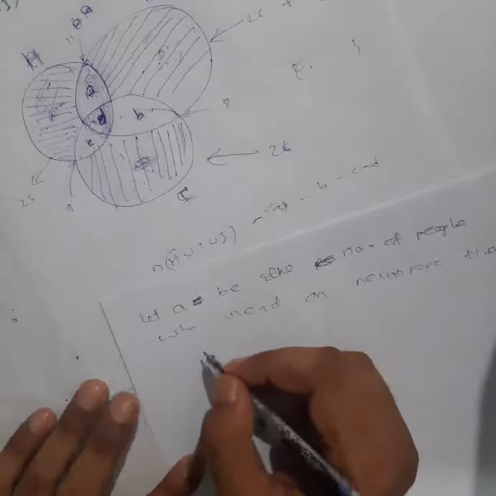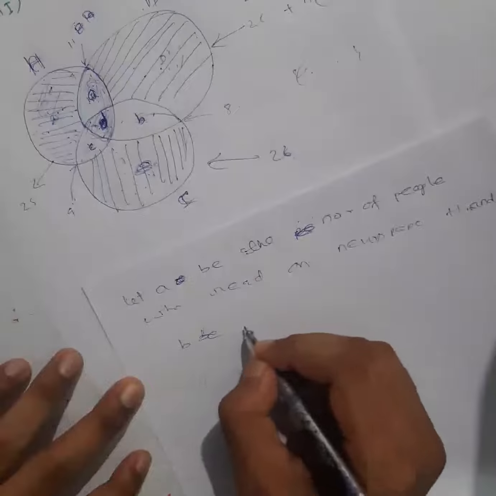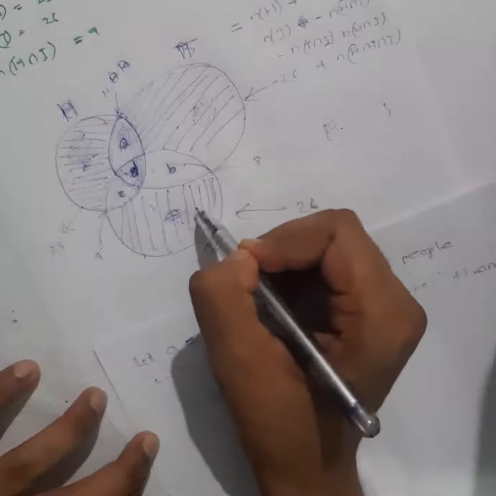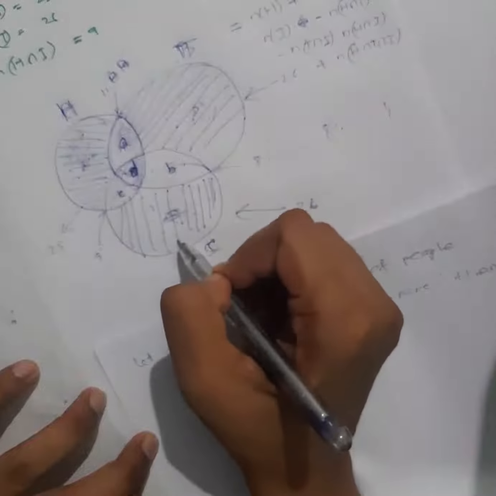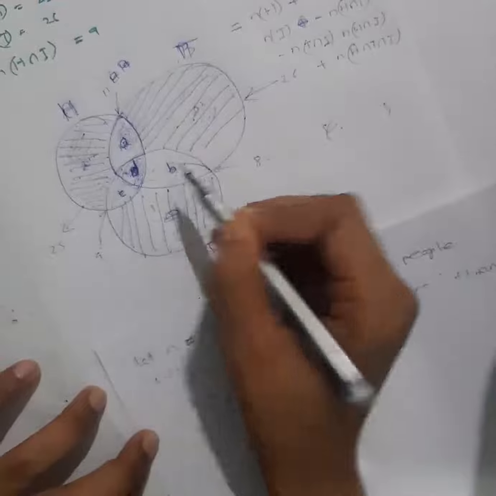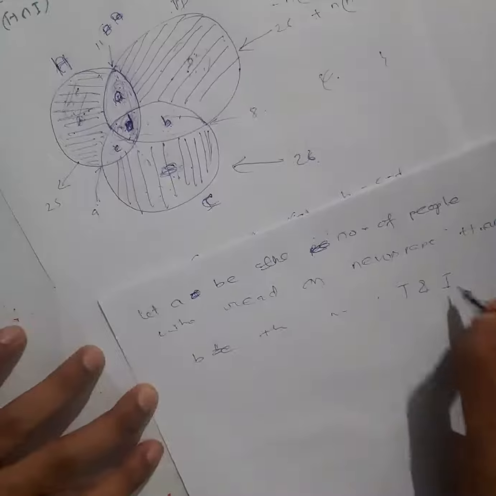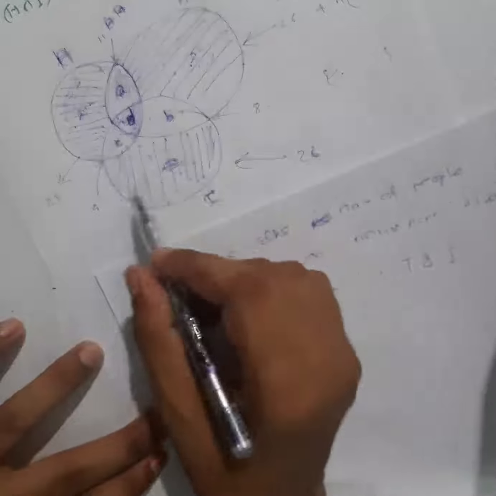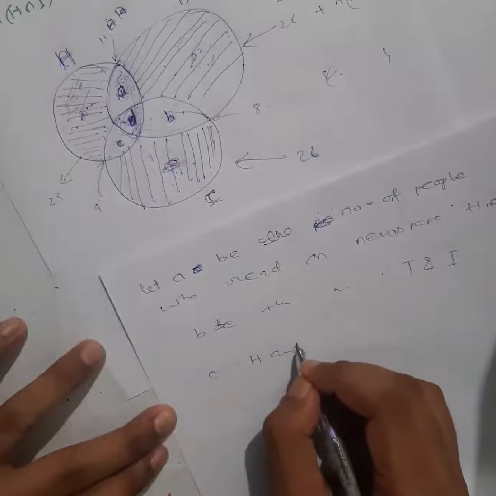Okay. Next, B be the number of people, exactly the same sentence you write. B is which one? Only T and I. You can see this is common between T and I only, right? B, T and I. Okay, then what is C? Only H and I. The same sentence you write down.